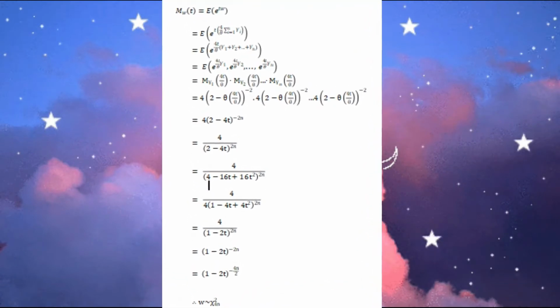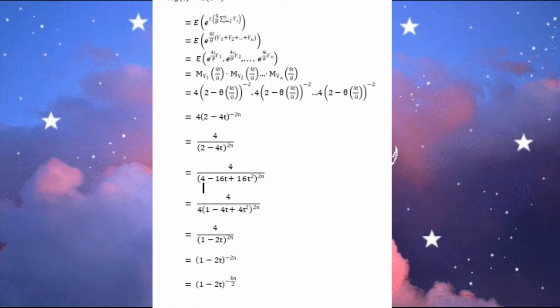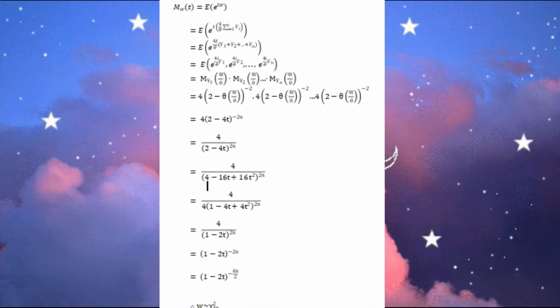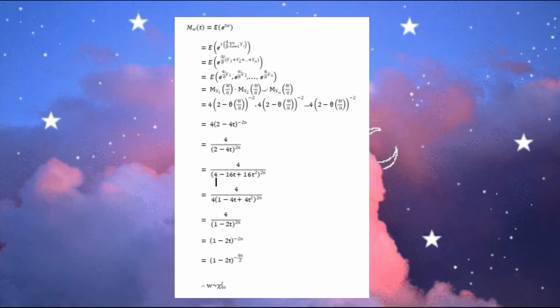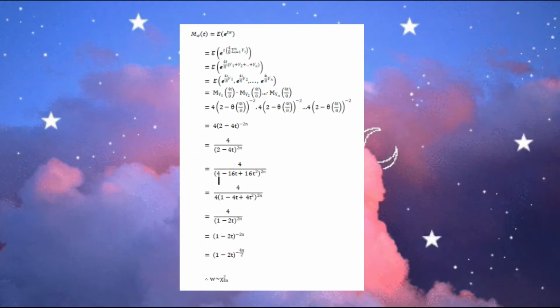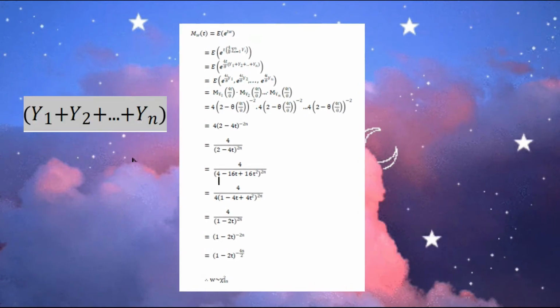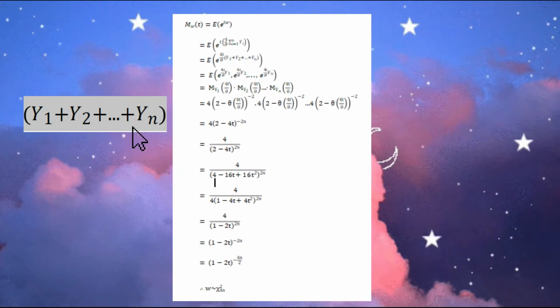First, we have to find M_W(t) equals the expected value of e^(tW). Next, we substitute the W. After we substitute the W, we take out the constant, and at the same time, we know that the summation of yi equals y1 plus y2 plus until yn.